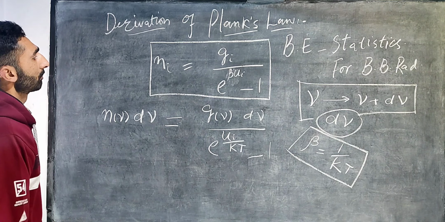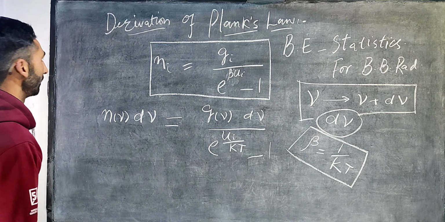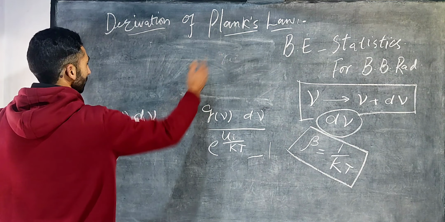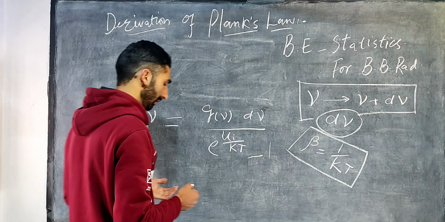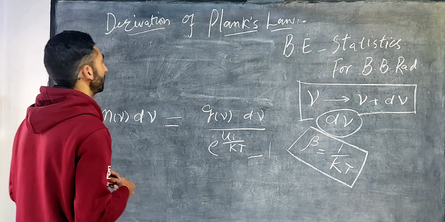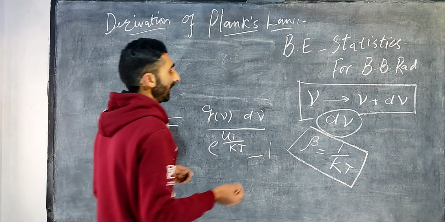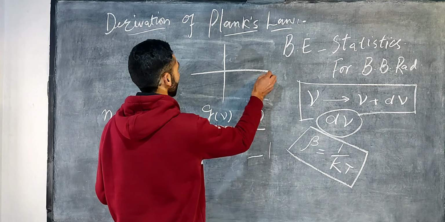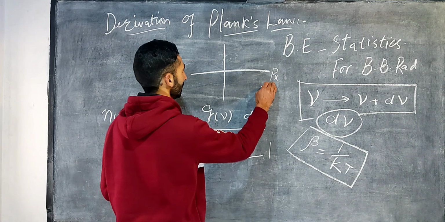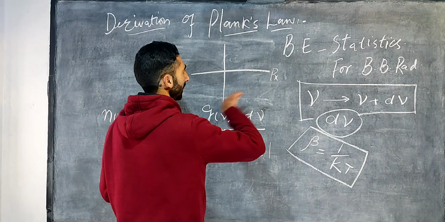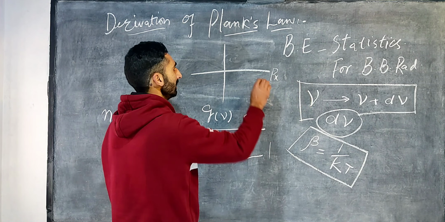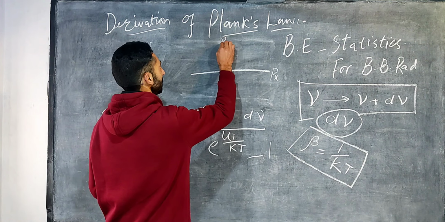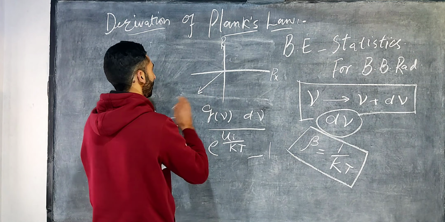so what can we further do with that? What Planck did, we have already taken this very thing which was derived in the previous lecture. You have seen that we have taken a momentum space. Okay, for example, this is px, the momentum along the x-axis, or px is the coordinate in the phase space coordinate system. Here will be py and this will be pz, or whatever you may choose.